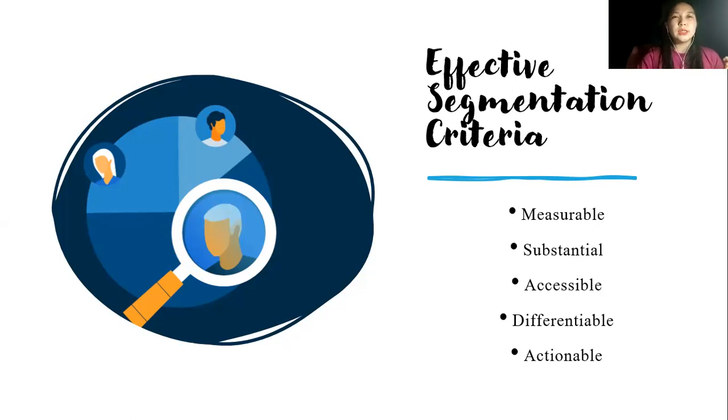The size, purchasing power, and characteristics of the segments can be measured. Diba? If you can remember your SMART objectives, meron tayong specific, measurable, attainable, realistic, and time-bound. Dito naman, pag magsa-segment ka, you need to make sure that it is measurable. Kaya mong i-measure yung area of your coverage, ilan kailangan mong ma-estimate na.